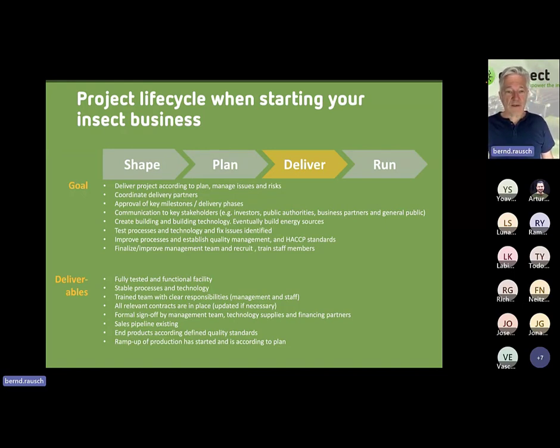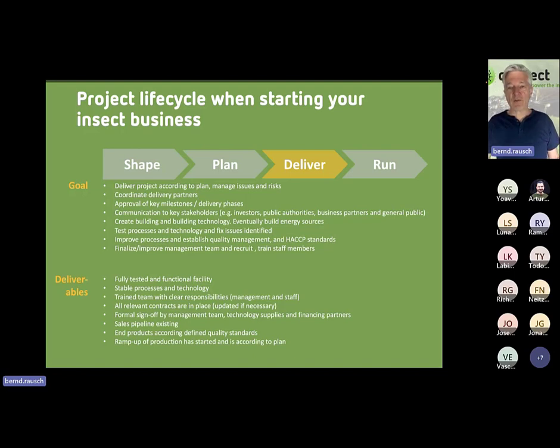And then, besides the technical delivery, installing the facility, the machinery and all that, you need to complete your team, meaning not only the management team that is already in place, but you need to recruit some more staff who actually help you in running the business.